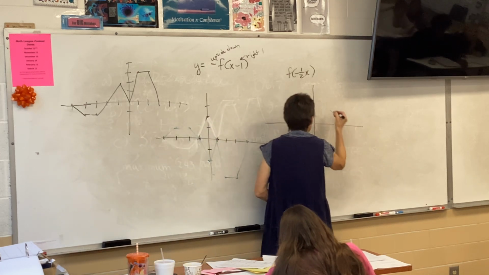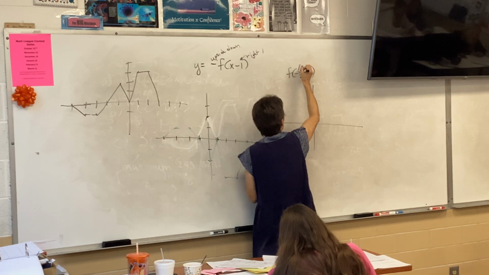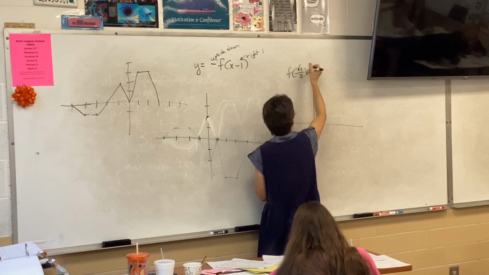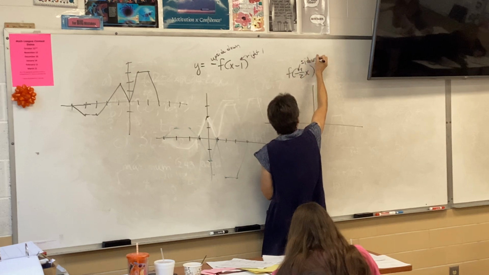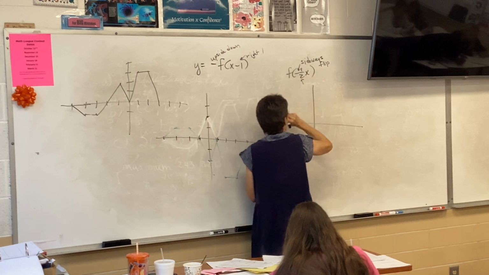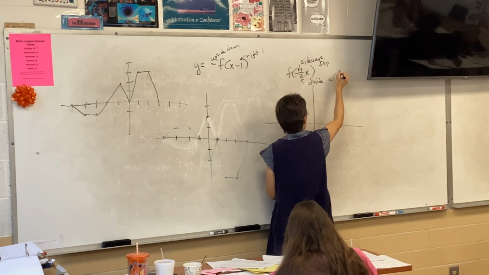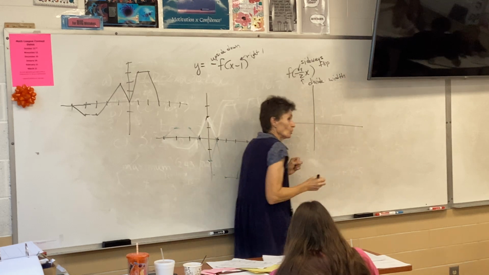First of all, what is that negative gonna do? Which way? Sideways. And what is the 1/2 gonna do? Divide the width.